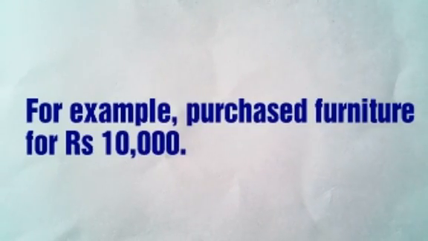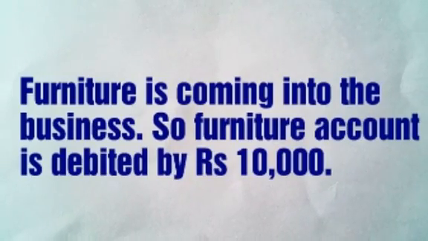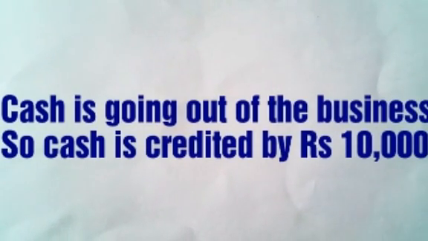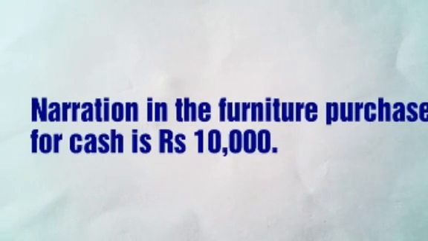For example, purchase furniture for rupees 10,000. Furniture is coming into the business. So furniture account is debited by rupees 10,000 and cash is going out of the business. So cash is credited 10,000. Narration being the furniture purchase for cash rupees 10,000.